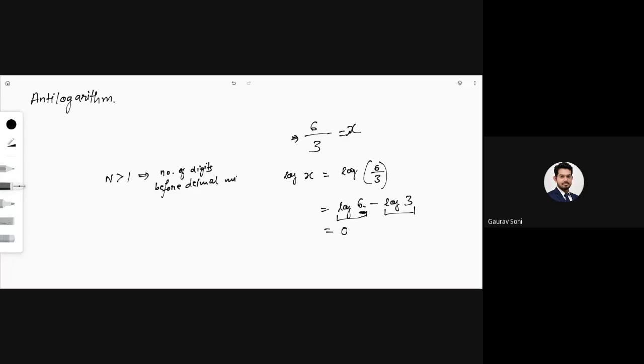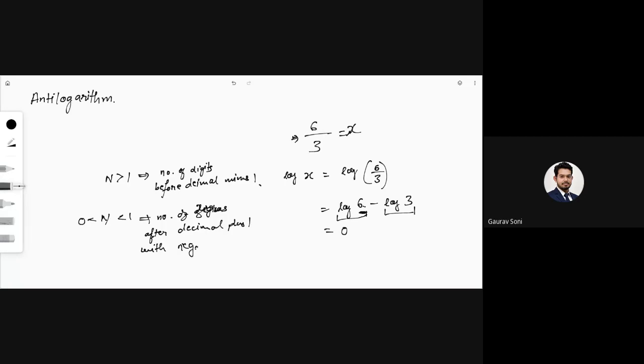And if n is between 0 and 1, then the number of zeros after the decimal plus 1 with a negative sign. That is the idea.